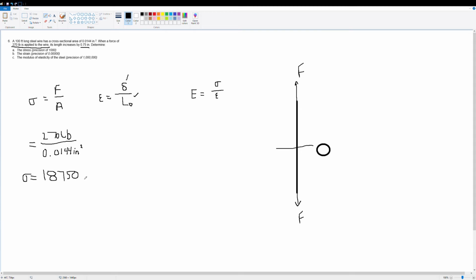Pounds per square inch or PSI. Okay, so that's how much stress this steel wire is experiencing because of this force that's stretching it. So on every square inch of material, it feels 18,750 pounds, which is quite a lot. We actually don't even have a square inch of material, but that's what the stress is.